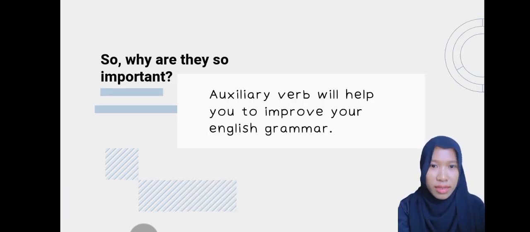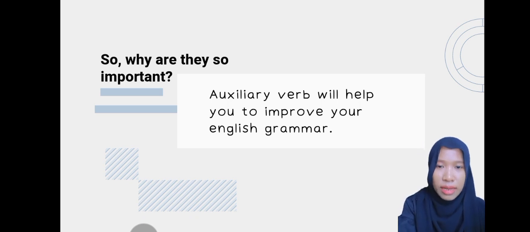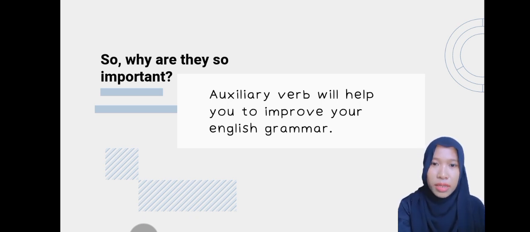This English lesson is all about auxiliary verbs, or you might recognize them if I say helping verbs. Verbs that help the main verbs in an English sentence. So, why are they so important?